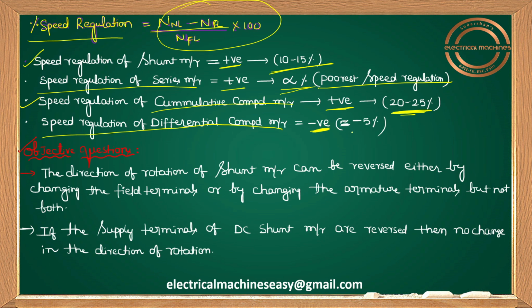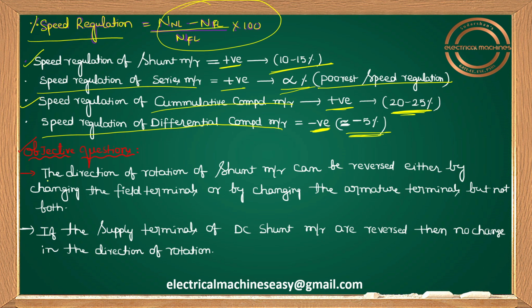But here the value has been given other than at rated value, so generally it will be negative, minus 5%. Whereas at rated value, or I can say at full load condition, it is 0%. Okay, right. Let us see objective questions regarding DC motors and DC generators.